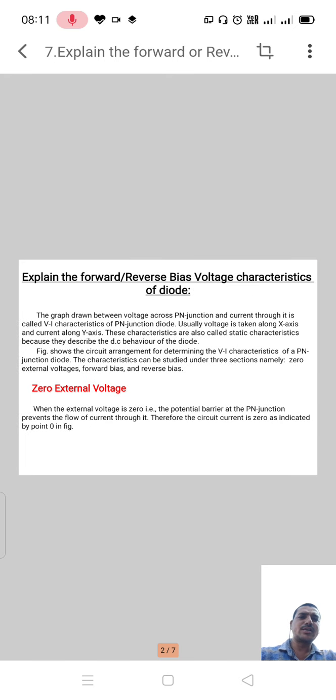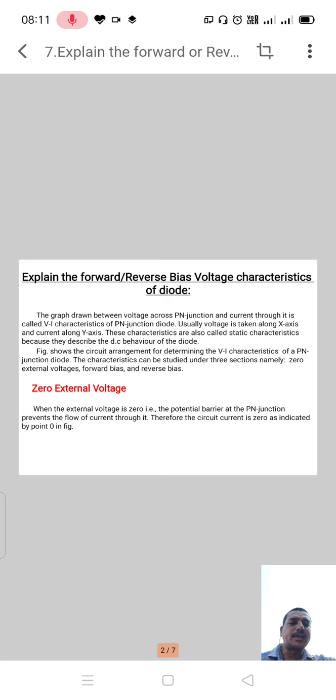Coming to the PN junction properties. First one, the junction contains immobile ions, that is, this region is devoid of mobile charges. Second one, this region is called the depletion region, the space charge region or transition region. Third one, it is in the order of 1 micron width.